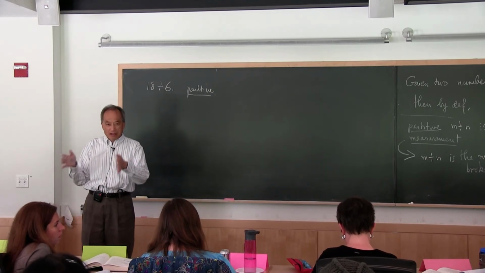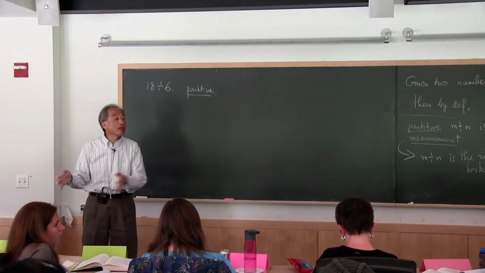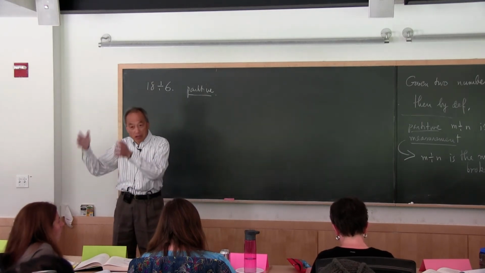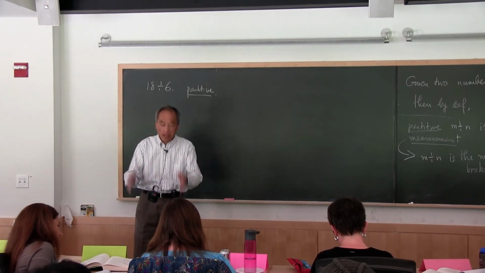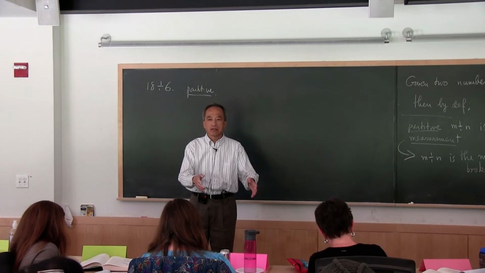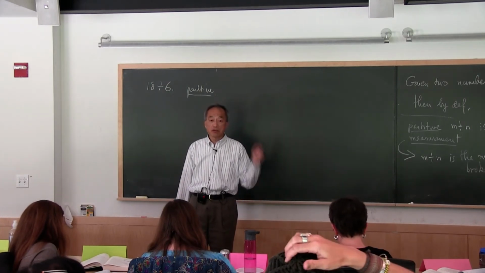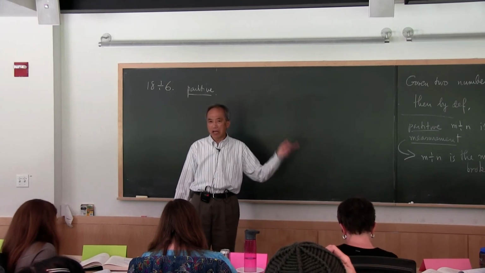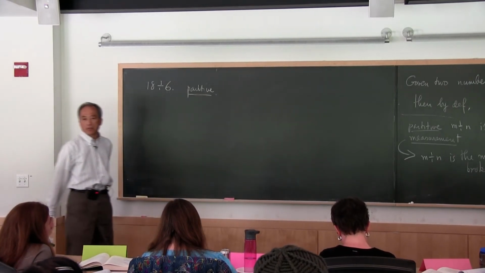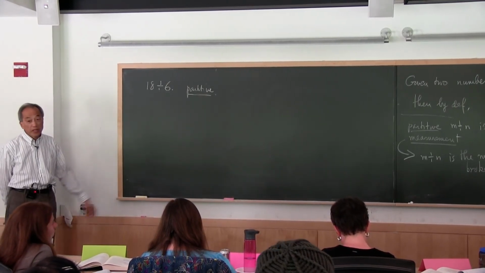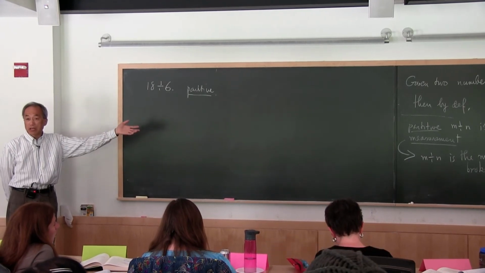How many tables can I make? You measure: 6, 6, 6. Conclusion: you can make 3 tables. That's why it's called the measurement interpretation. There are other names for that, but I like this better. That's a completely different way to look at the quotient k.